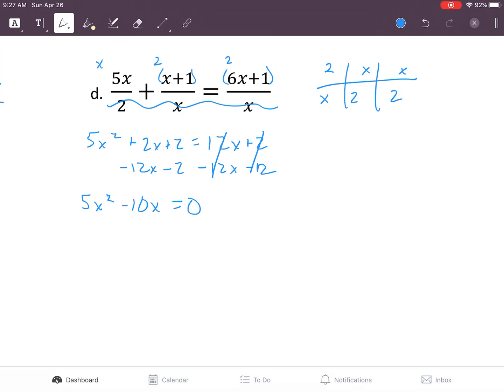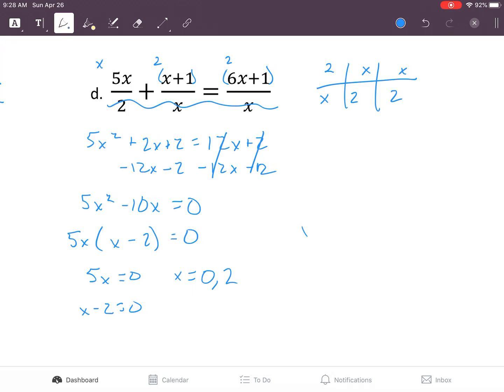So with this quadratic, we can factor out a greatest common factor of 5x. And then we have x minus 2 left over. And now we take each of the factors, 5x and x minus 2, and set them equal to 0. So x will equal 0 and 2.